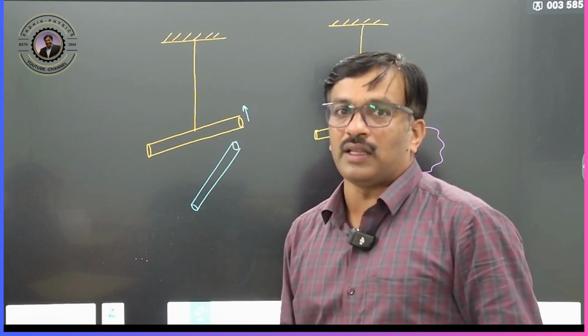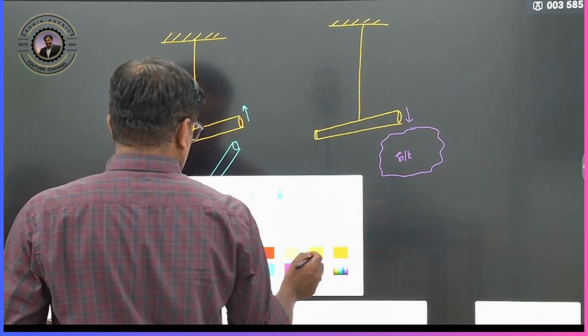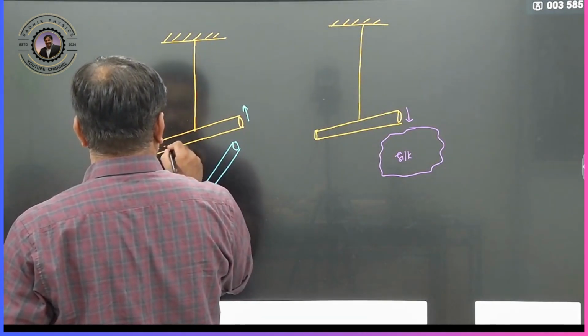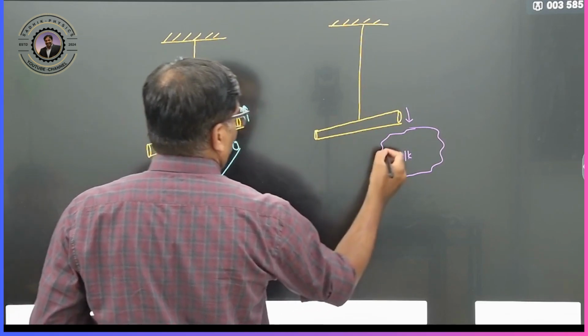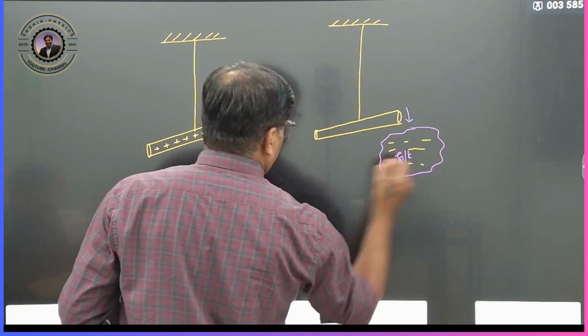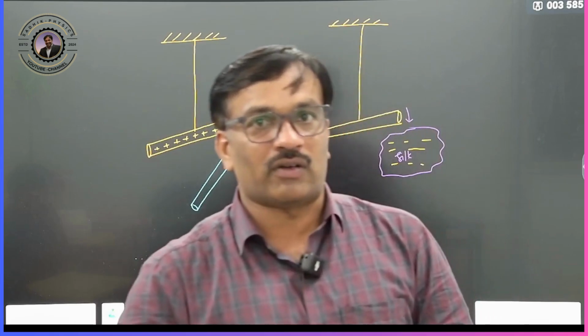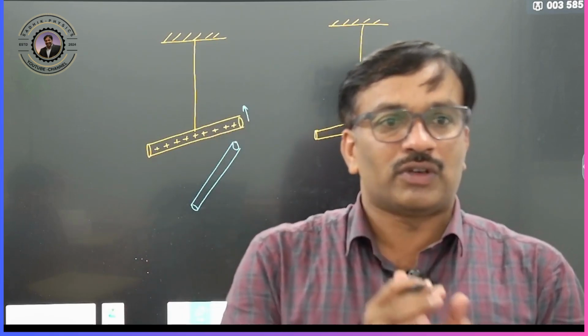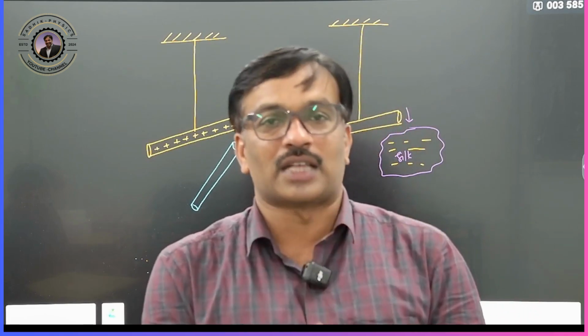Like that, they thought this is positive, and since there is only positive and negative, definitely the other they thought of as negative. So one standard thing is required, to decide which one is positive and which is negative. They took the glass rod and silk cloth.